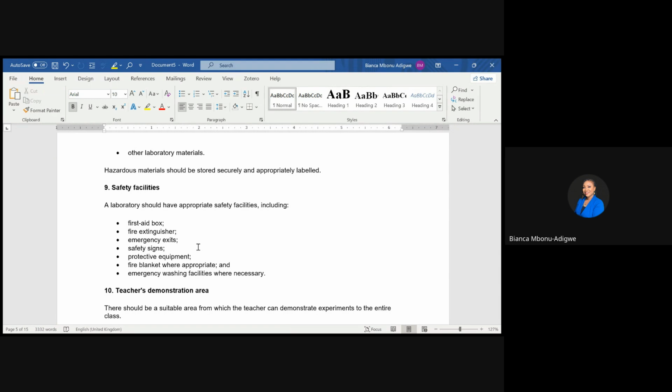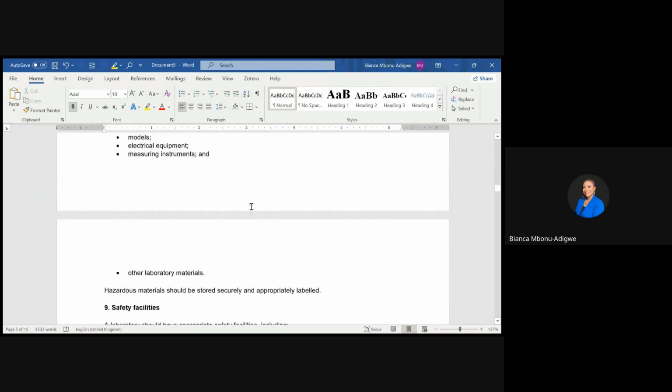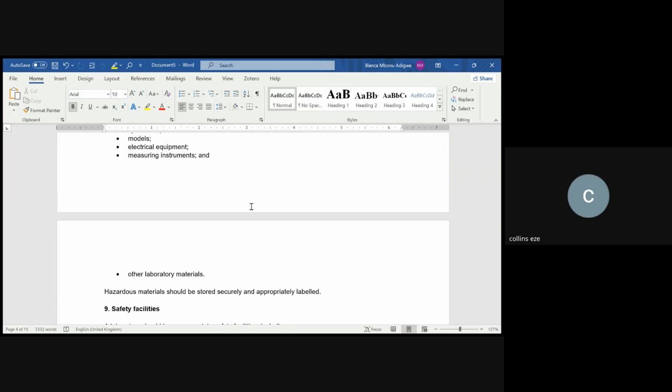So can you mention some of the safety facilities? You've been to laboratories before. Let's mention some of the safety facilities. Yes, fire extinguisher. Thank you. Lab coat. Yes, lab coat.